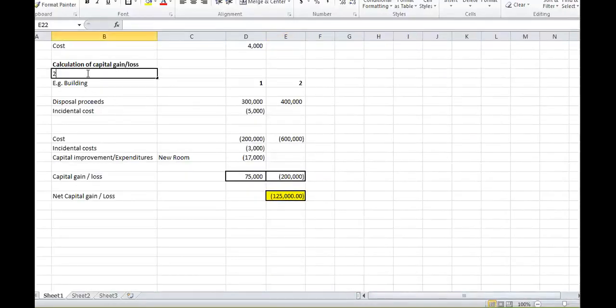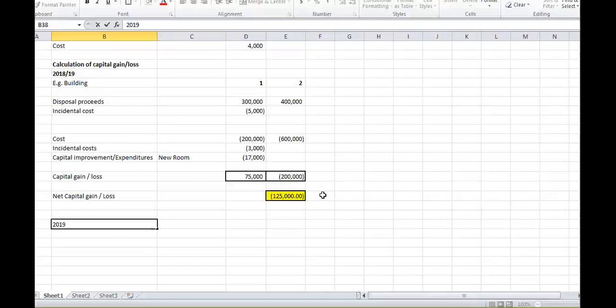For example, this was the 2018-19 tax year, and in the 2018-19 tax year, students, you can see over here, we have capital loss of £125,000. What about 2019-20?